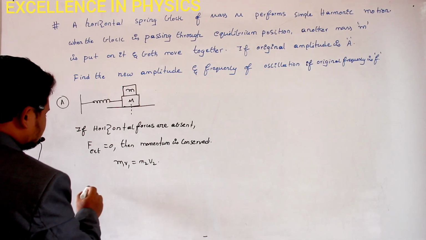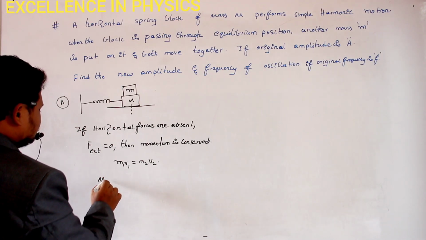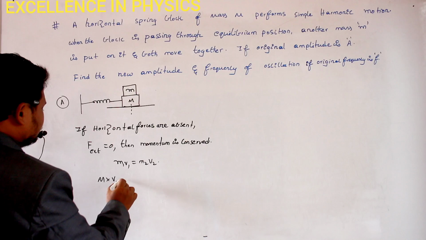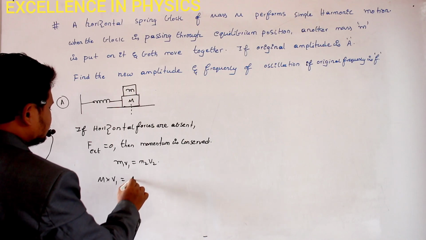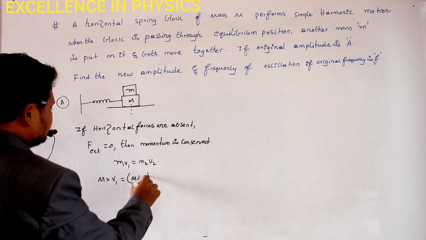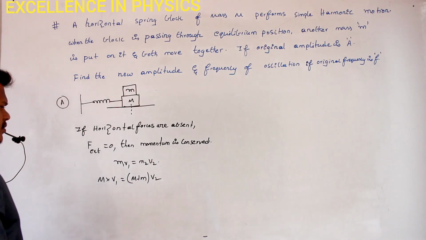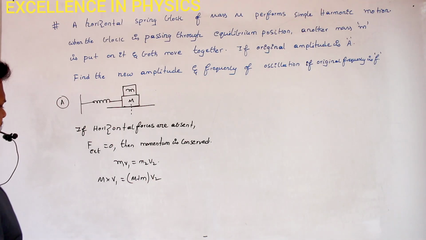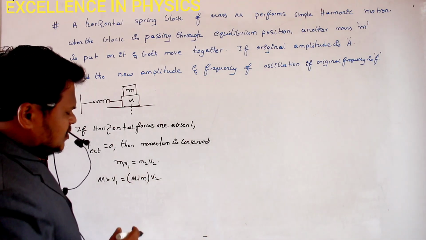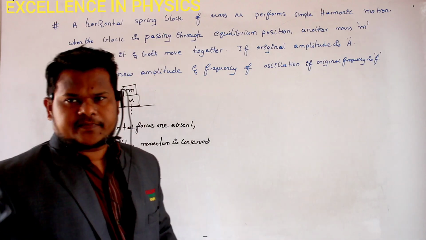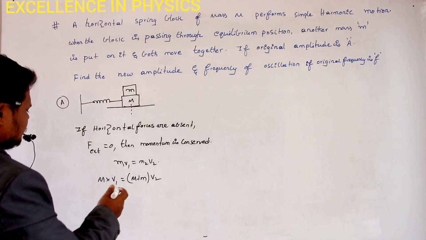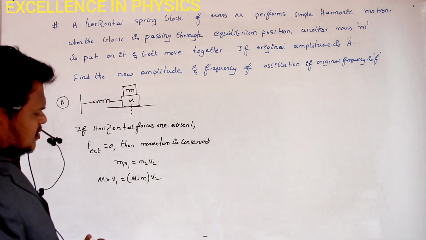Total initial mass is capital M, and total initial velocity I don't know, so let it be v1, and final mass is the addition of capital M and small m, and final velocity also I don't know, so let it be v2. Clear? Now these velocities v1 and v2 are present at the mean position. At the mean position, velocity of simple harmonic motion is maximum.